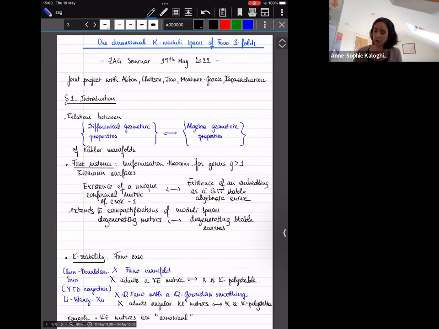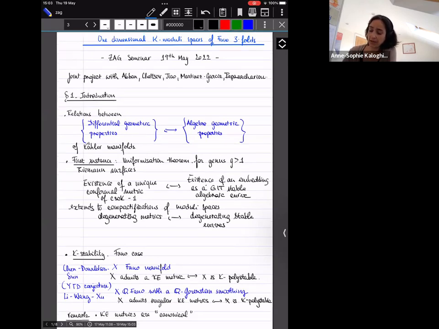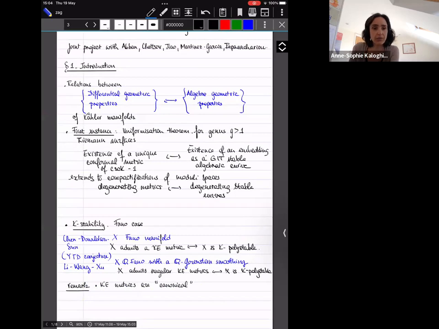So what I want to talk about today is an instance of this correspondence in the case of Fano varieties. The first step is the following result by Chen, Donaldson, and Sun, which says that if X is a Fano manifold, then it admits a Kähler-Einstein metric if and only if it is K-polystable.